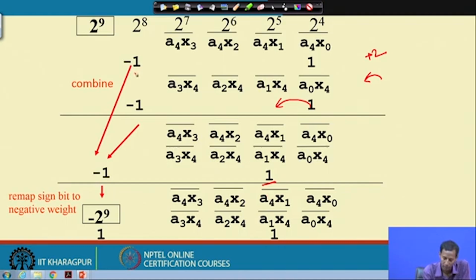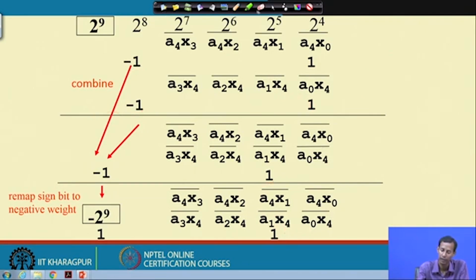Okay. So, then 1 minus 1 and minus 1, that is minus 2. So, then again this minus 1 will come to the 2 to the power 9 position. So, that means 2 to the power 9 is the minus 1 with 1, and initially I was getting 1 at 2 to the power 4 position, but now it comes to this 5th position, because 1 and 1 I am adding. So, that means 1 will come over here.